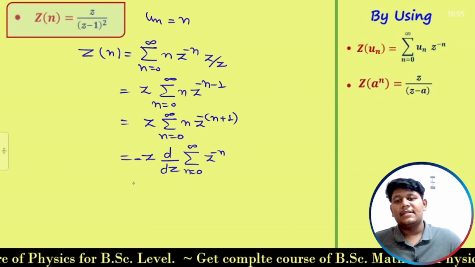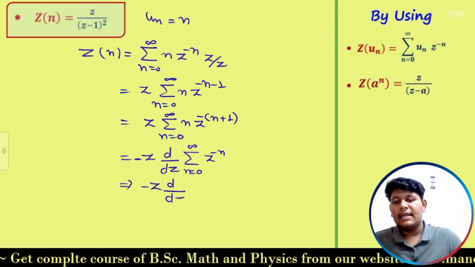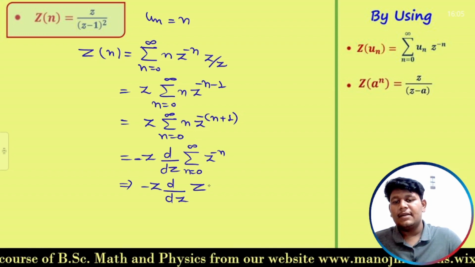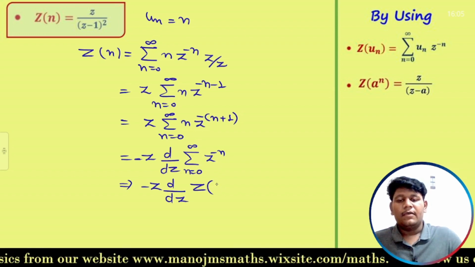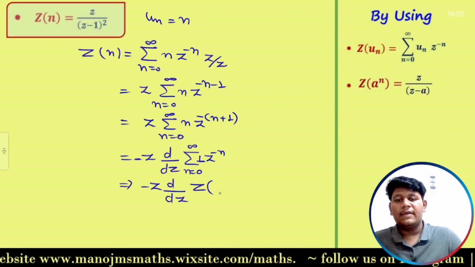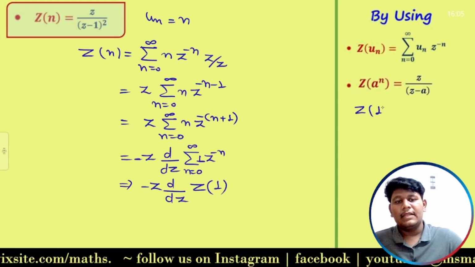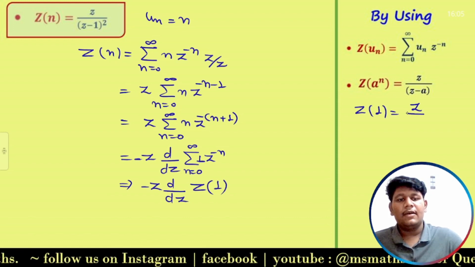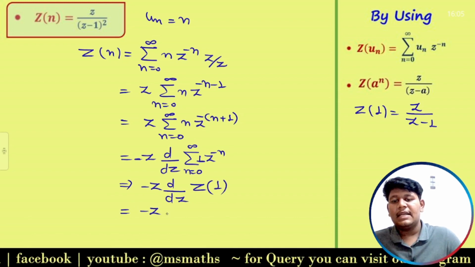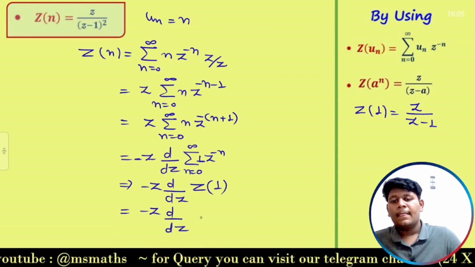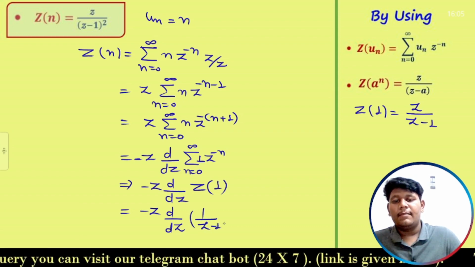Basically, we can write this term, and it is nothing but minus z d by dz of the z transform of 1, because 1 is here. We know that the z transform of 1 is z over z minus 1, so it is minus z d by dz of 1 upon z minus 1.